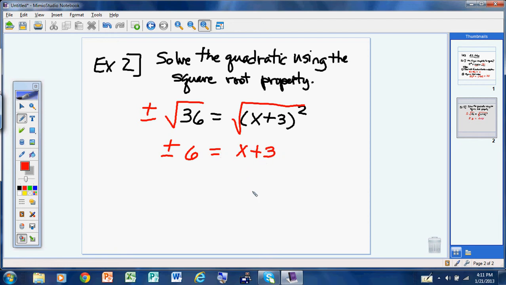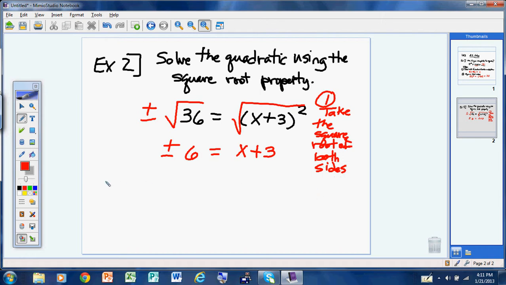Have we completely solved for x yet? Not quite. So the first step that we did was what? Take the square root of both sides. Okay.